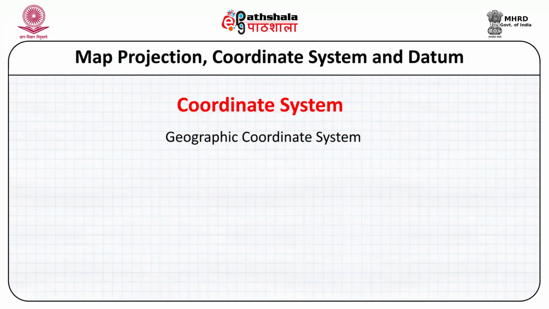Second is the projected coordinate system. The projected coordinate system is defined on a planar 2D surface. Unlike a geographic coordinate system, the PCS has constant area, length and angles across the 2D surface. The PCS is always based on a spheroid, like a geographic coordinate system.